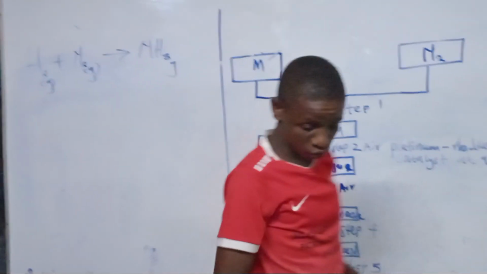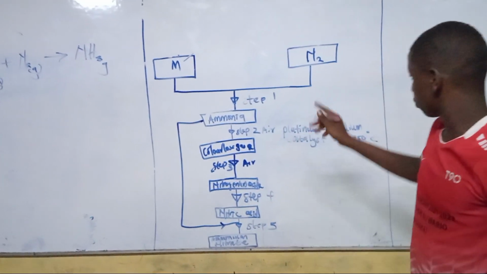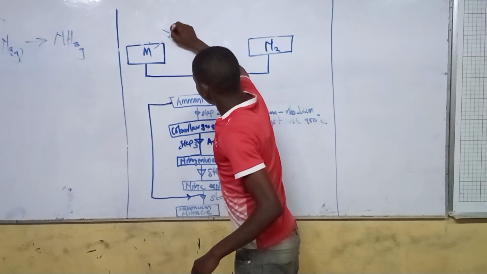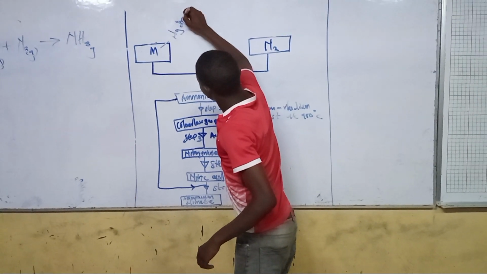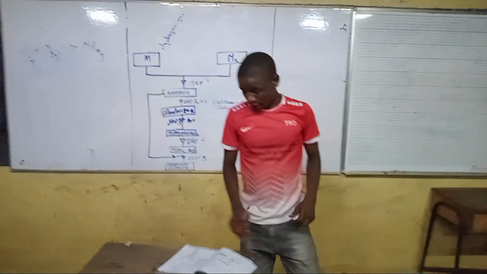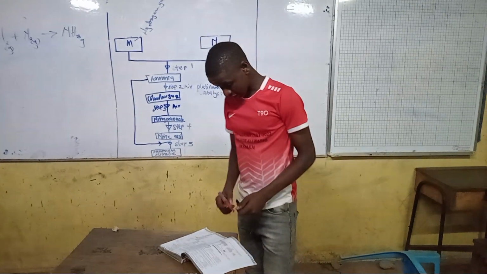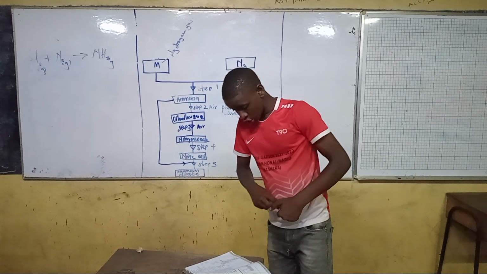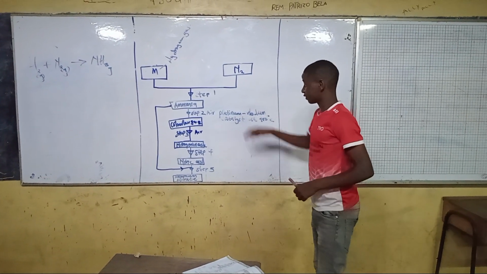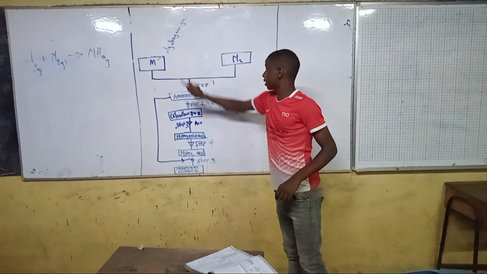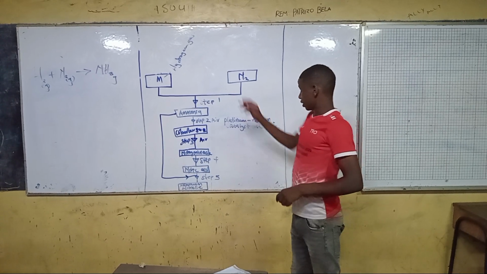So we are going to our second question, and we have come to notice that our element M is hydrogen gas. Our second question says, why is it necessary to use excess air in step 2? As we can see, we were done with step 1, which is reacting of nitrogen and hydrogen.